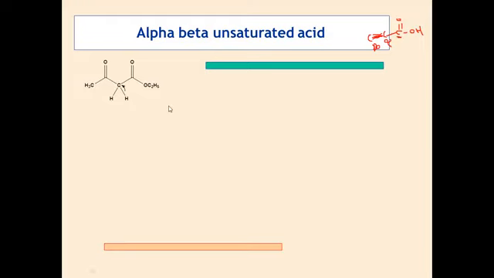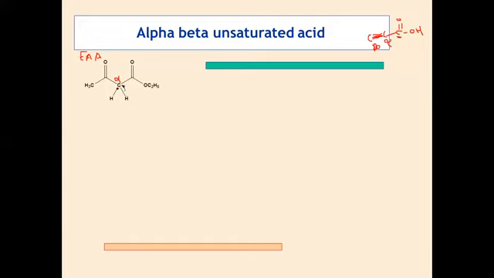Step first is the abstraction of the alpha proton of ethyl acetoacetate. This one is ethyl acetoacetate. This is a carbonyl carbon and this one is the alpha carbon. This is also a carbonyl carbon.